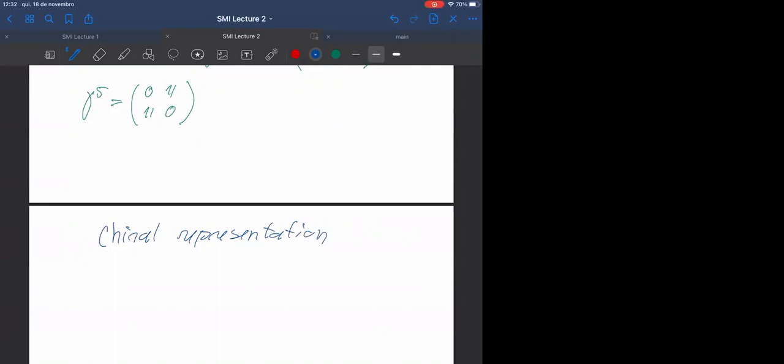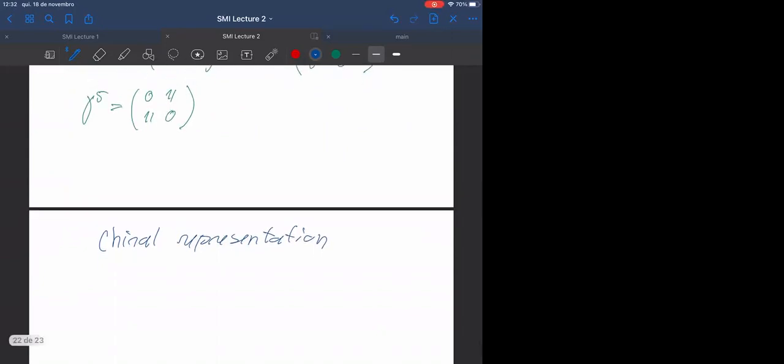It's called chiral representation or Weyl representation because gamma 5 is called the chiral matrix or the handedness matrix, let's say. And what the chiral representation does is, for example, gamma 5 chiral is equal to gamma 0 Dirac. So you basically flip the definition here.